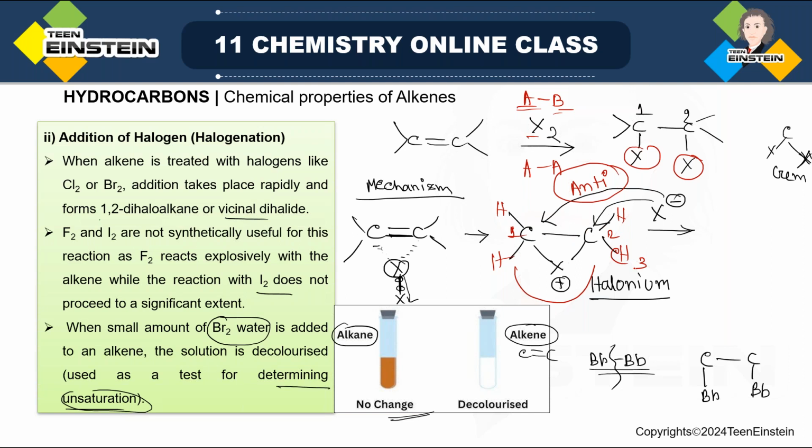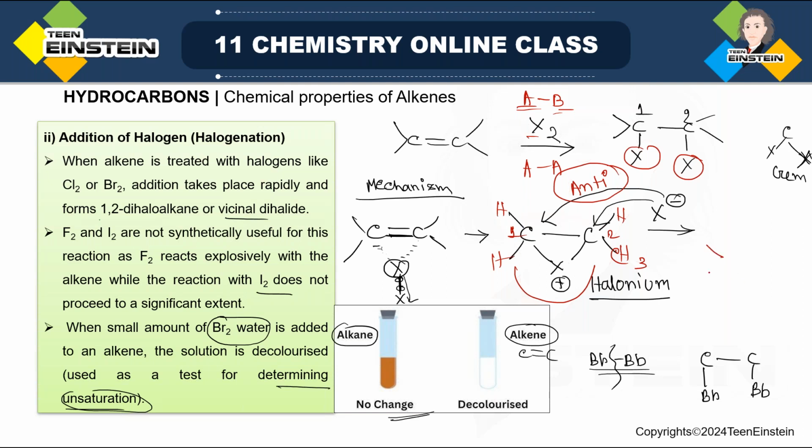And here the question of selectivity is between carbon number 1 and carbon number 2. Even if they contain different types of substituent, there is no question of selectivity because ultimately the same unit is adding. But remember, the anti-addition factor is important, because if you consider the previous mechanism where a free carbocation is generated, then the question of anti-addition does not arise.